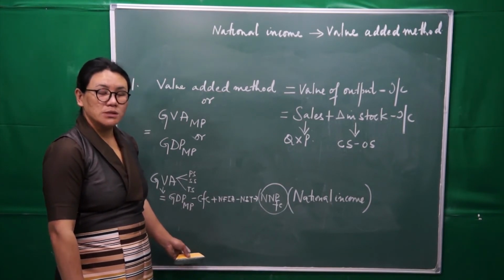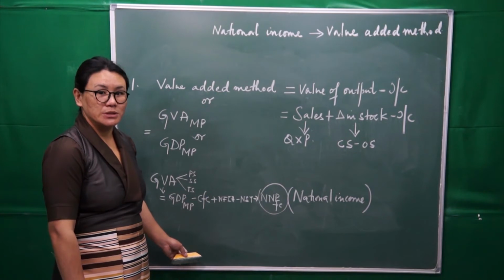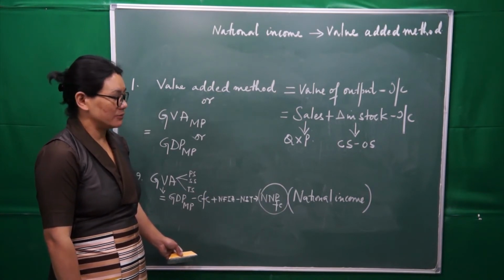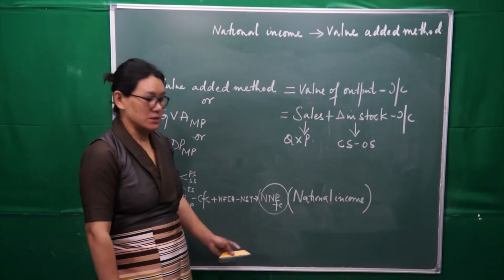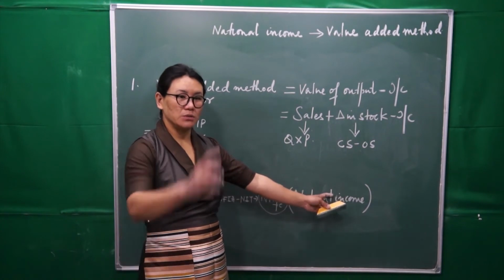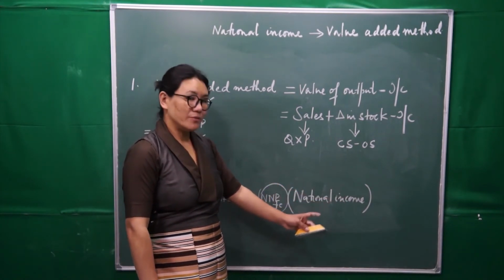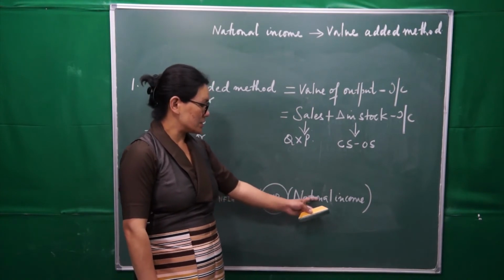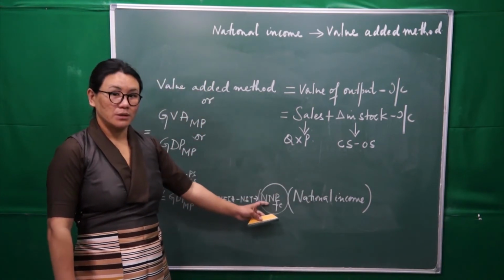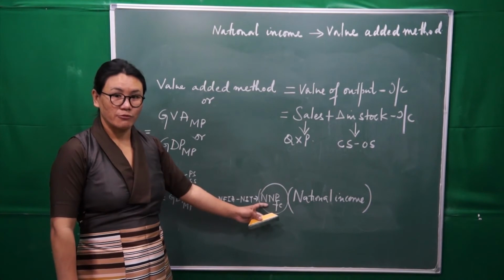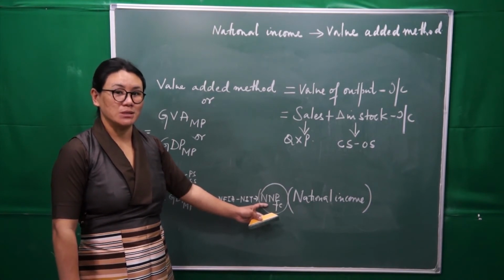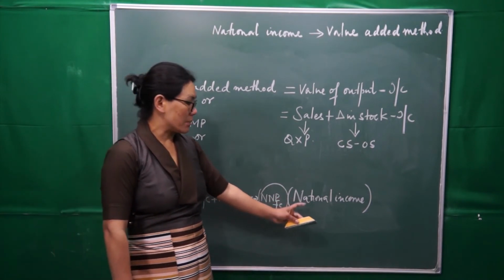When you are solving numerical illustrations, say for example, if the question comes like this, calculate national income using the following data given, what you have to do is convert this into this one. You have to use this one for your calculation purpose. Is that clear? So you need to remember this.